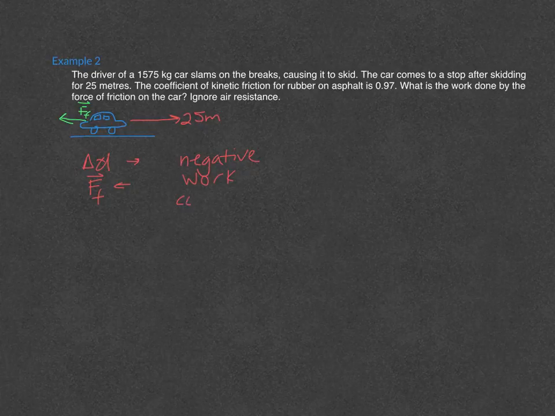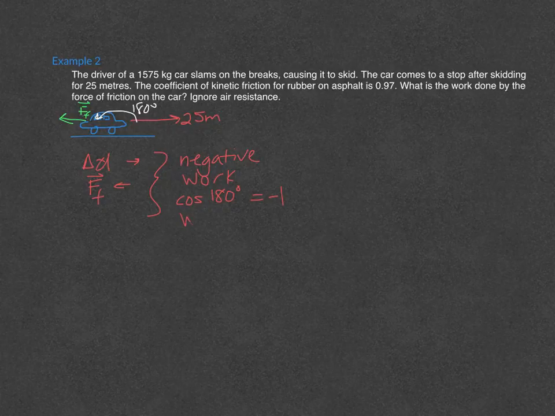So whenever we have negative work, there's 180 degrees between our force and our displacement. So our cos of 180 degrees is going to be -1. You can try it out on your calculator and make sure.